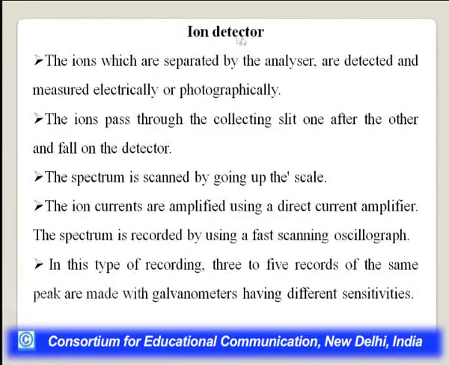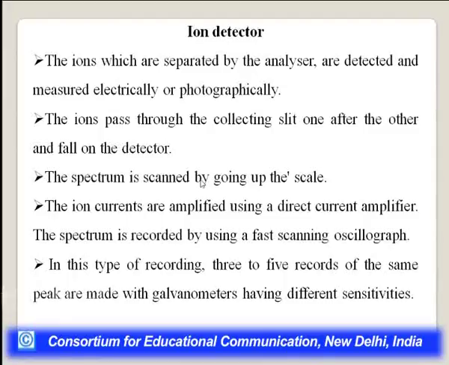The next part of the instrumentation is the ion detector. No doubt we have studied up to the fragmentation pattern. Now the ion detector part. The ions which are separated by the analyzer now have to be detected and measured electrically or photographically. The ions pass through the collecting slit one after the other and fall on the detector.